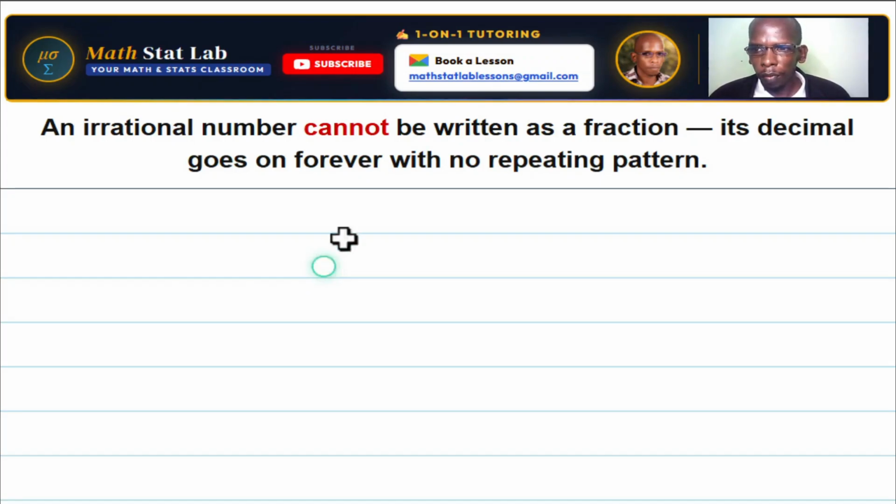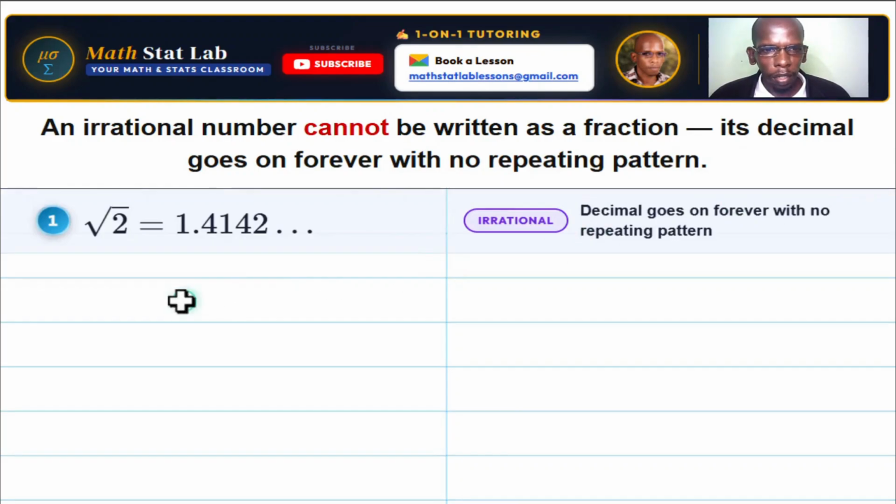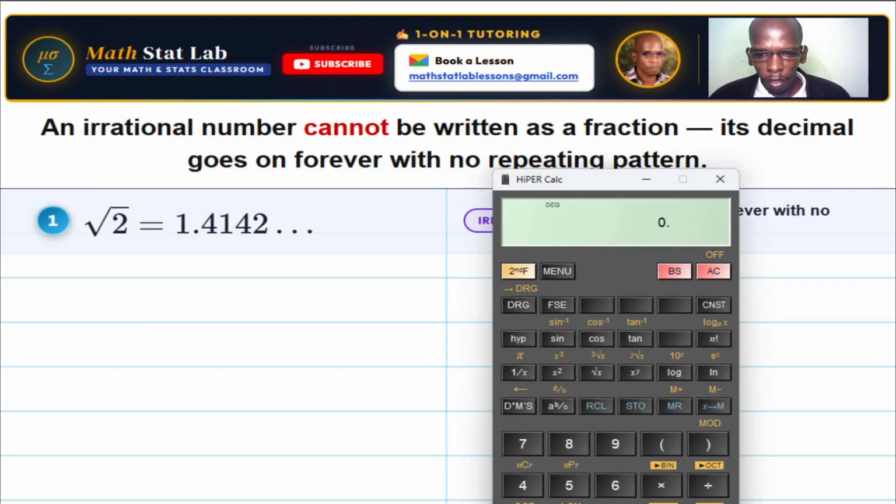For example, the root of 2: if you take it directly from the calculator, it is 1.41 and then goes on without any specific pattern, and therefore it cannot be written as a fraction. Therefore, the root of 2 is irrational.